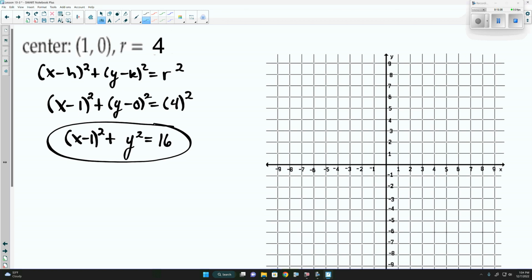Now we can plot the point first, (1, 0). We get this point here. Now to get the other points, we're going to go up, down, left, and right 4 from it. 4, 4, 4, 4. And then, well, that was not a great circle.